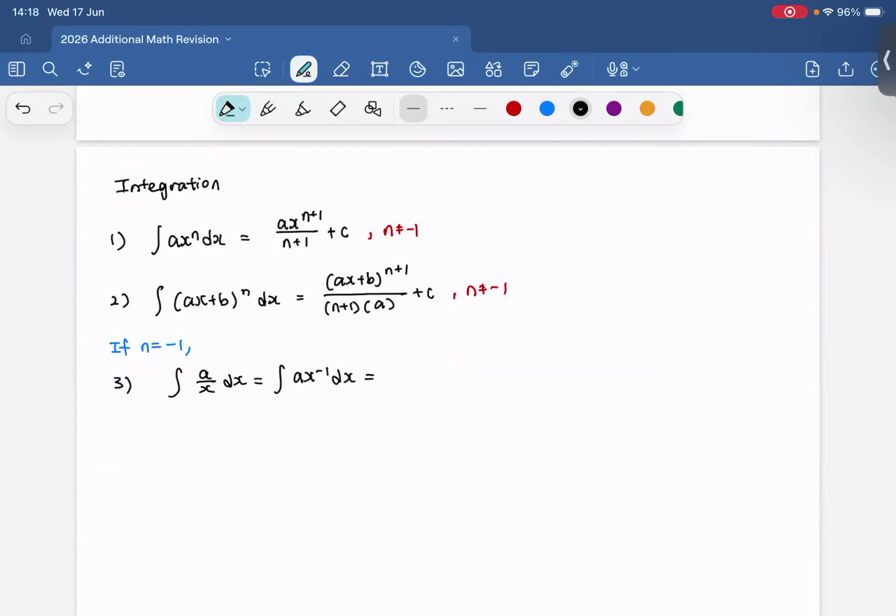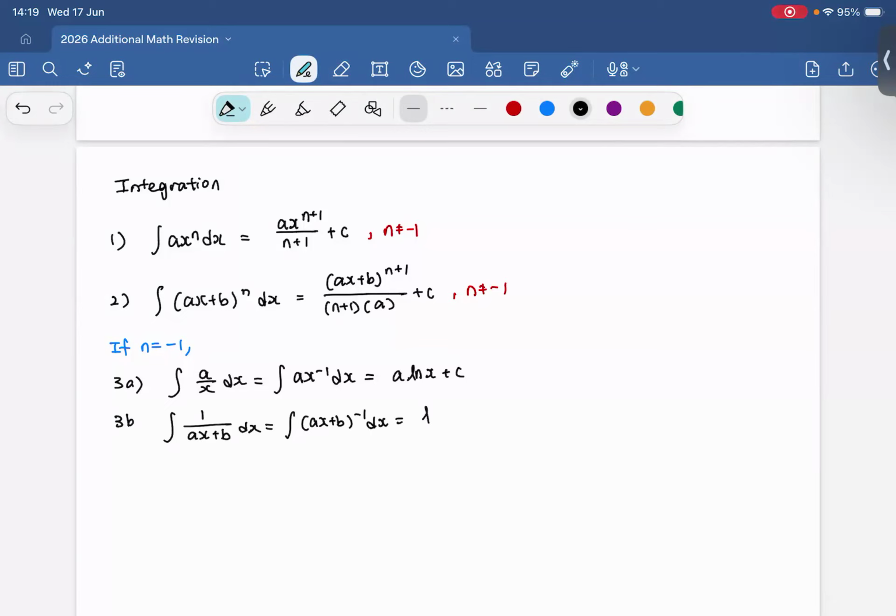Okay, what do we have? We will actually have a ln x. Okay, actually these two are the same thing. 3a and 3b are the same thing. Alternatively, you can have a number like 1 over (ax plus b). So you can see that this is actually (ax plus b) to the power of -1. So again, you cannot increase power by 1 because it will go to 0.